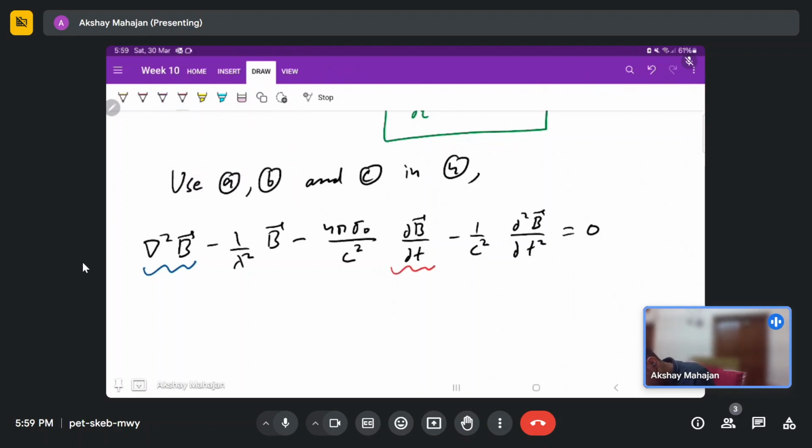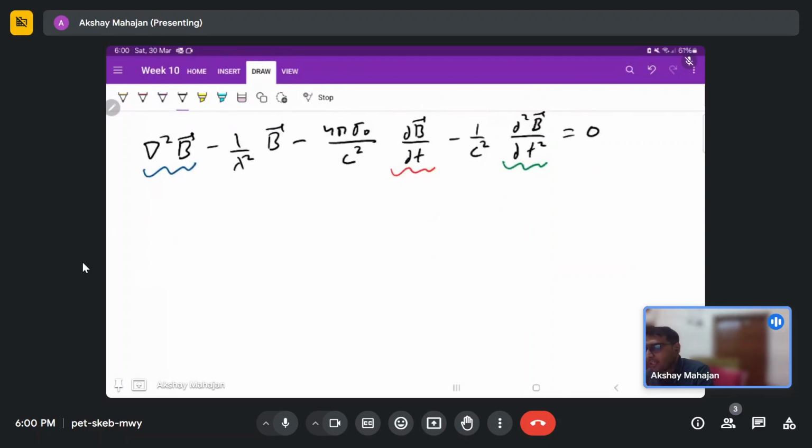Now using A, B, C in this equation, just put in the values.